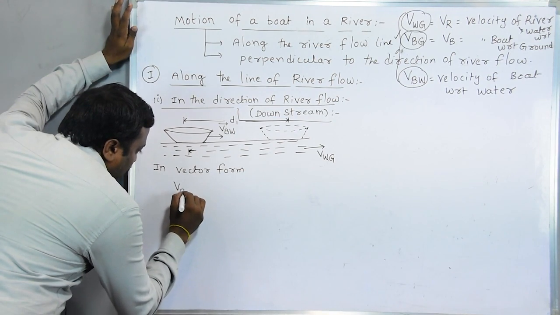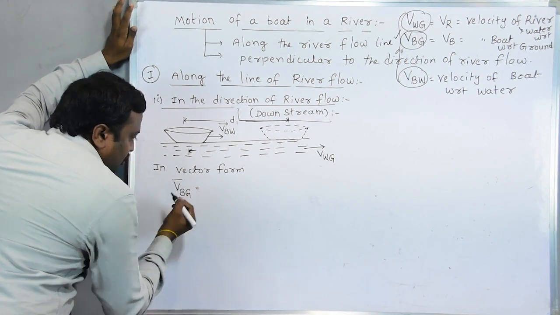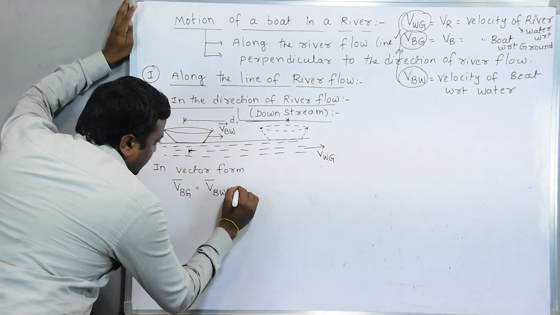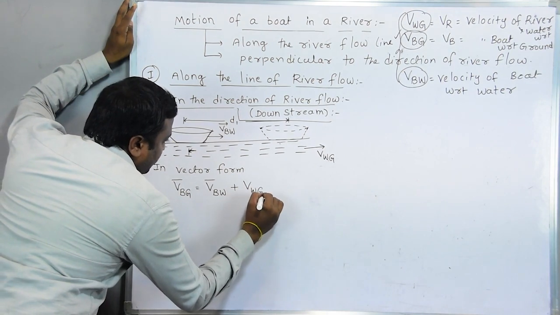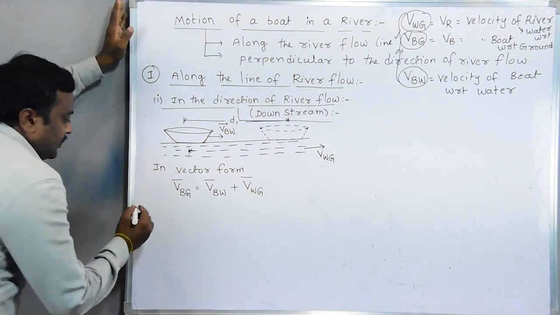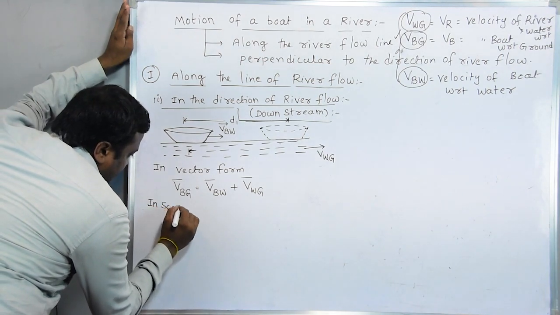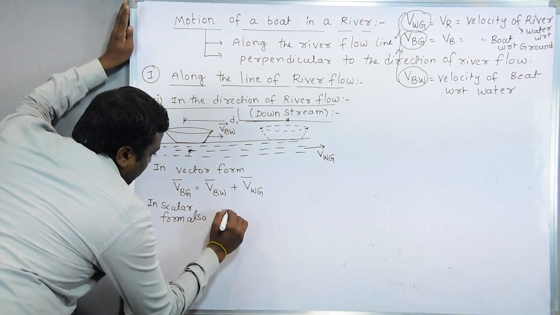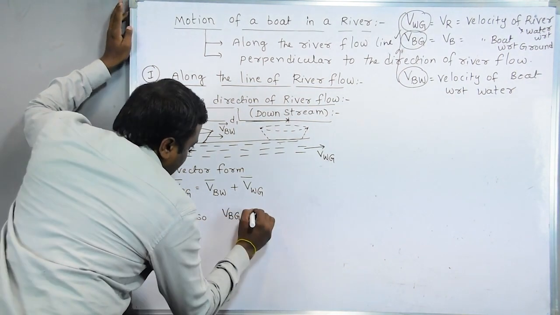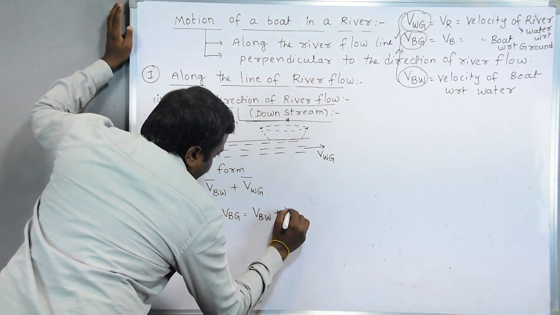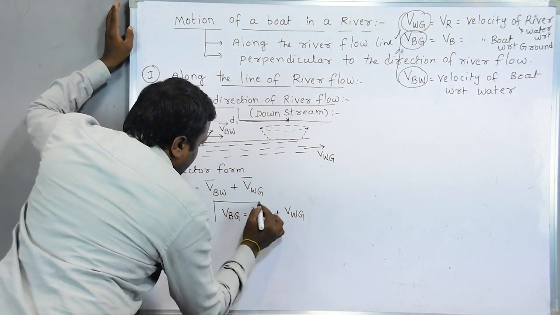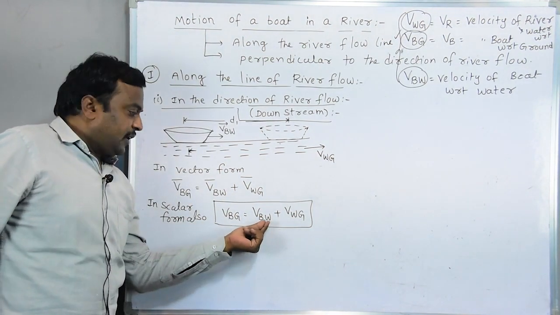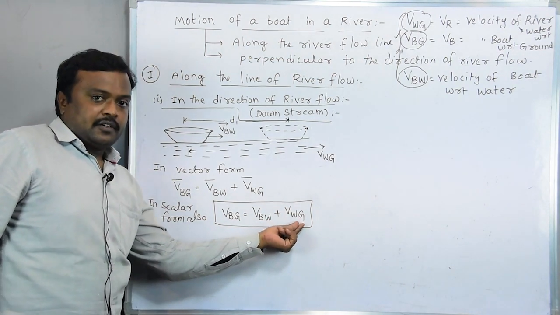V boat with respect to ground is equal to velocity of boat with respect to water plus velocity of water with respect to ground in vector form. In scalar form also direct addition is possible. VBG is nothing but VBW plus VWG. Boat with respect to ground is equal to boat with respect to water plus water with respect to ground.